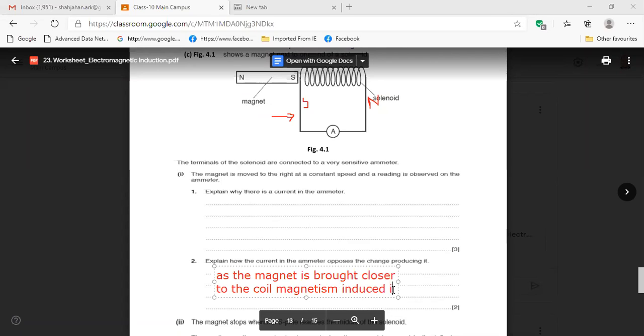As the magnet is brought closer to the coil, magnetism induced in the solenoid due to induced current.